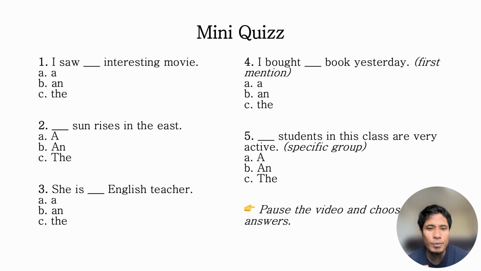This will help you decide between a or an, and so on for numbers 2, 3, 4, and 5. When you are ready, continue the video, and as I mentioned in our communication platform, please submit your answers by the deadline that I mentioned.